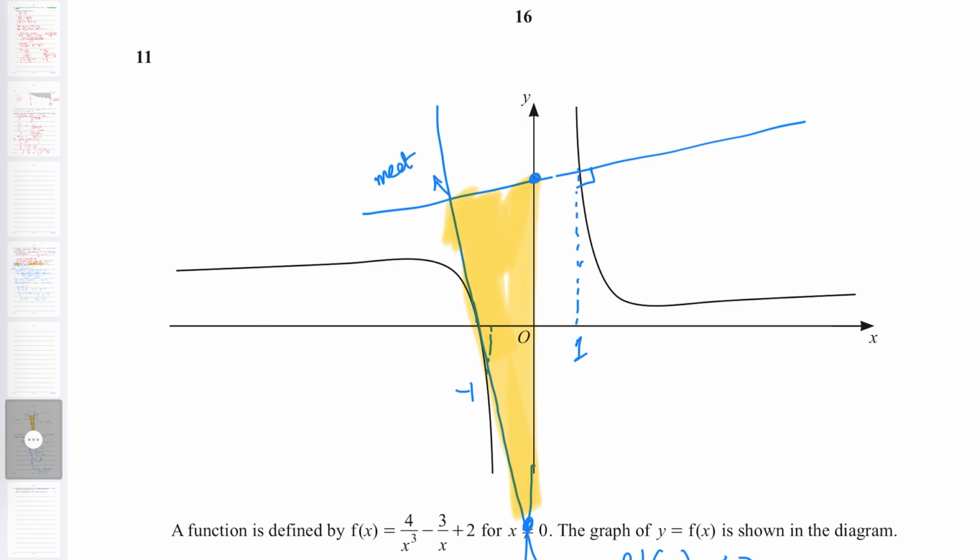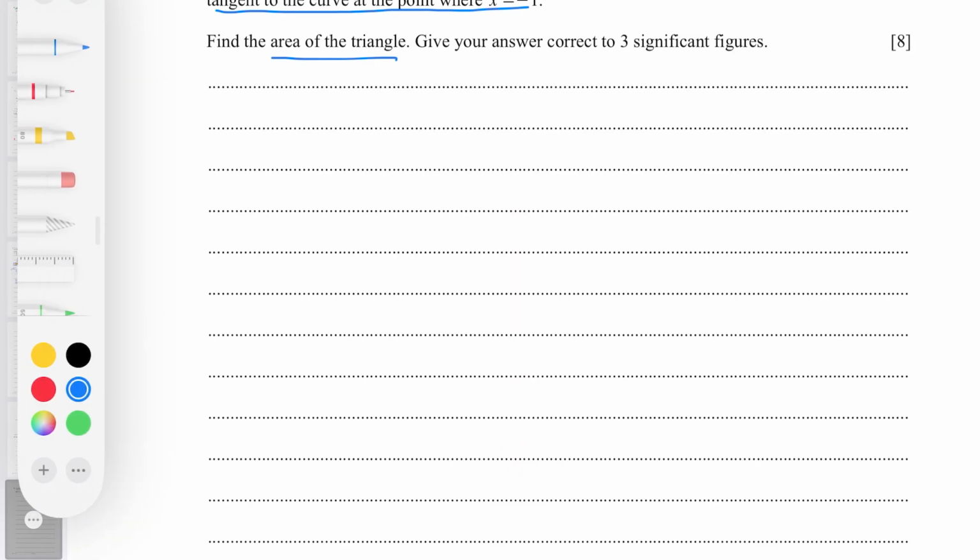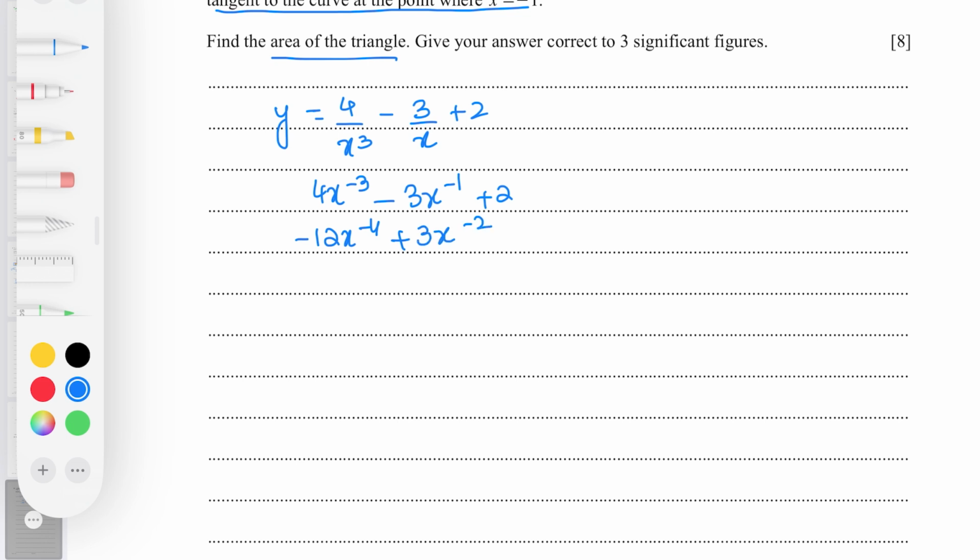4 upon x cubed minus 3 upon x plus 2. The value of x is 1.